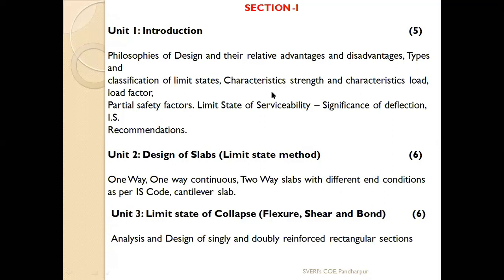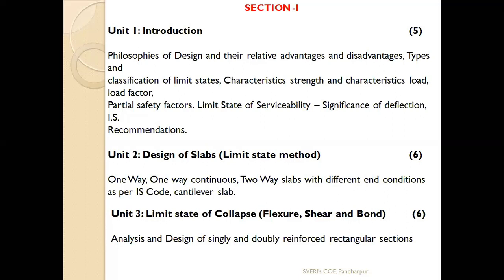Next point is characteristic strength and characteristic load. You might be knowing this. What is the characteristic strength and what is the characteristic load? I will tell you once again. Suppose you cast a number of cubes.